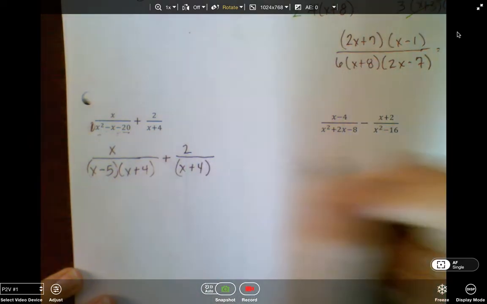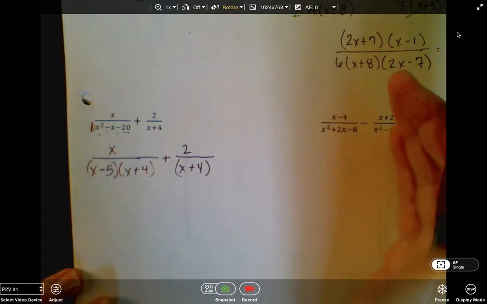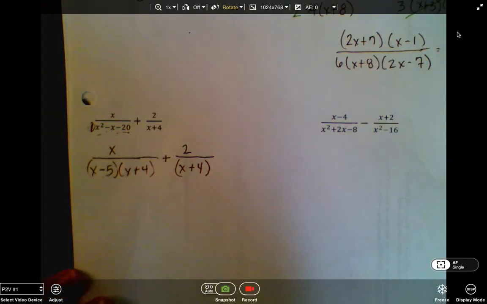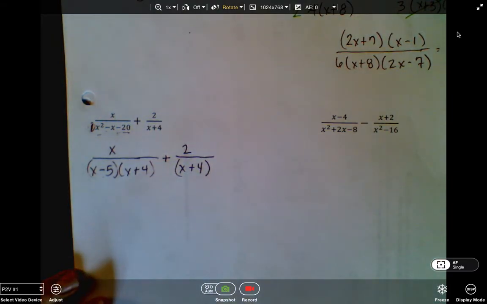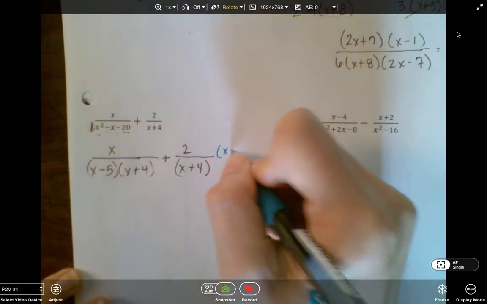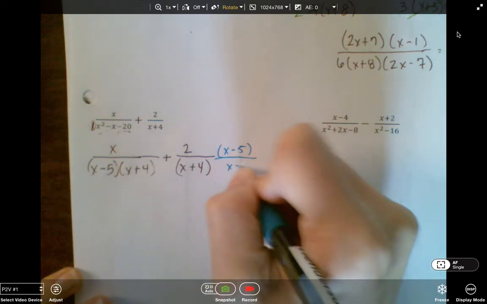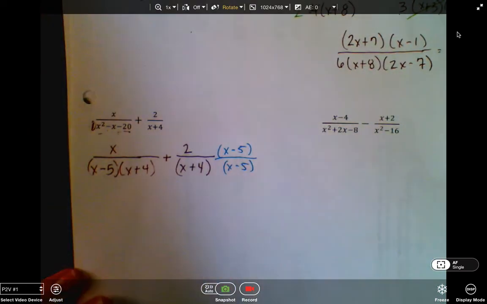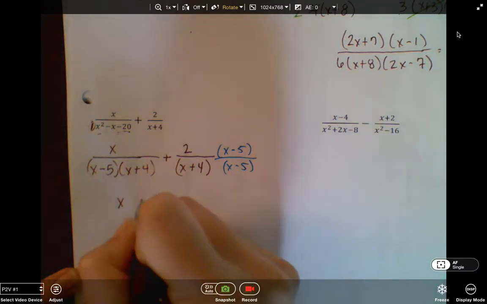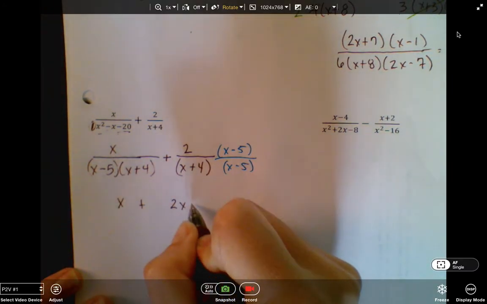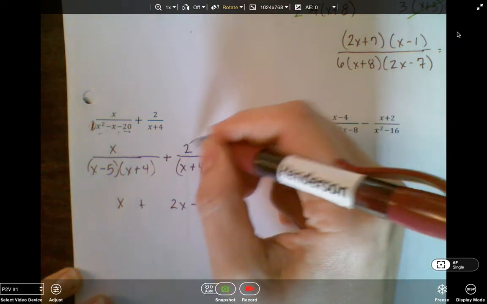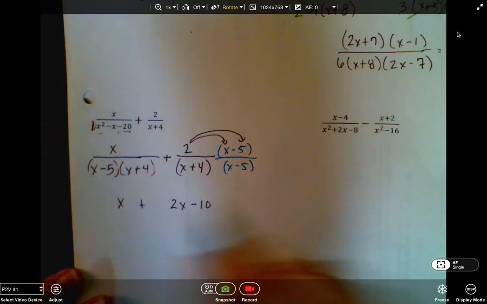So let's think about common denominators. What are the factors they have in common? What are they missing? Well, this guy on the far side over here would be missing x minus 5 over x minus 5. So I'm going to rewrite this now as x plus 2x minus 10 from distribution of our 2.